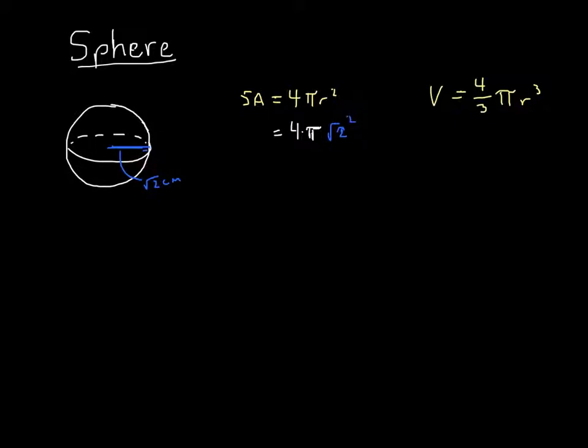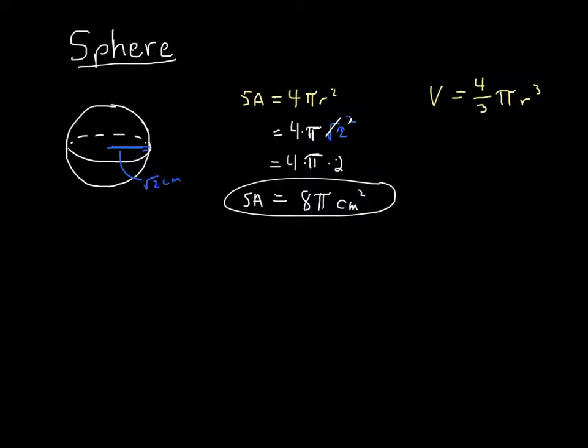So first thing I'm going to do is actually square that. Radical 2 squared, the radical and the square cancel each other out. So we get a 2. So we have 4 times pi times just good old 2. And we can, of course, multiply the 4 and the 2 to get 8 pi centimeters squared for my exact answer for the surface area.